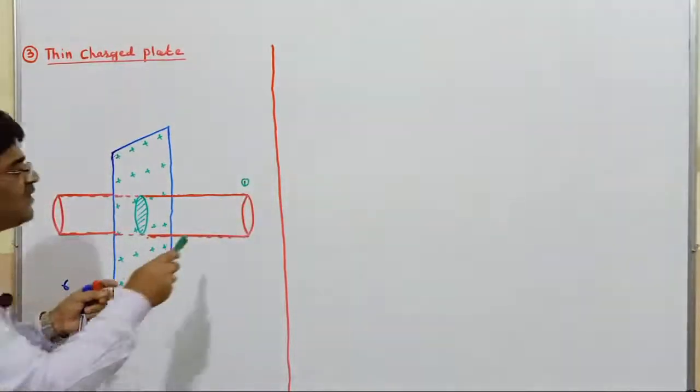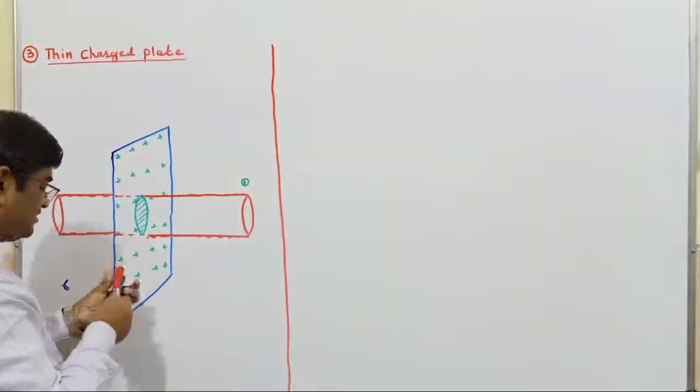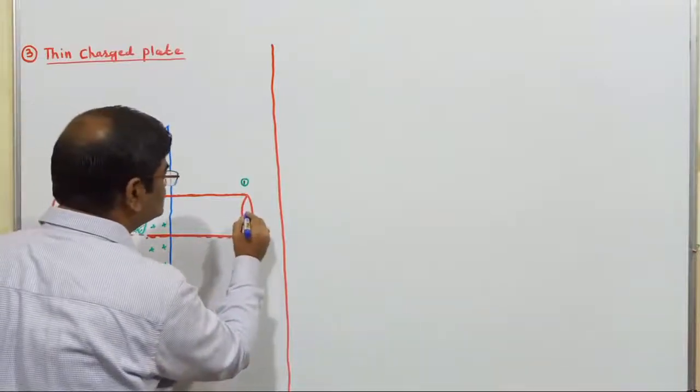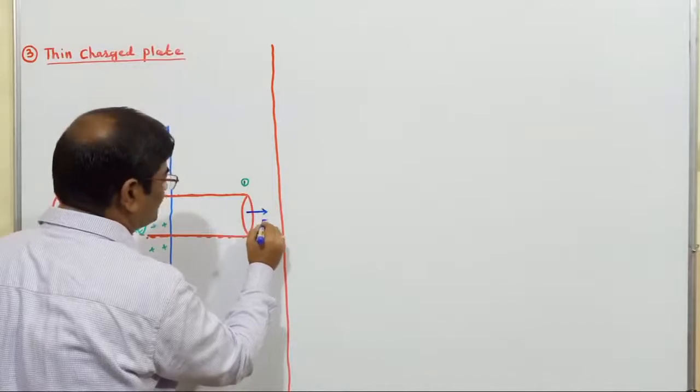Now to calculate flux through this portion, let me assume that the electric intensity over here is E, which I need to calculate of course.